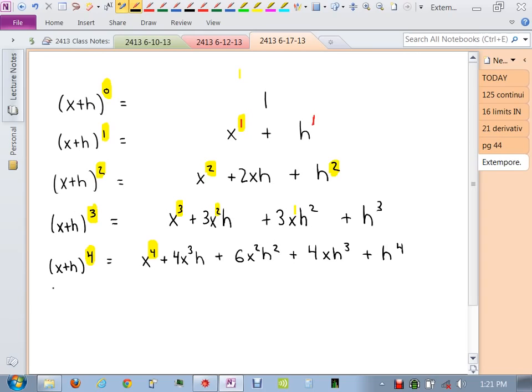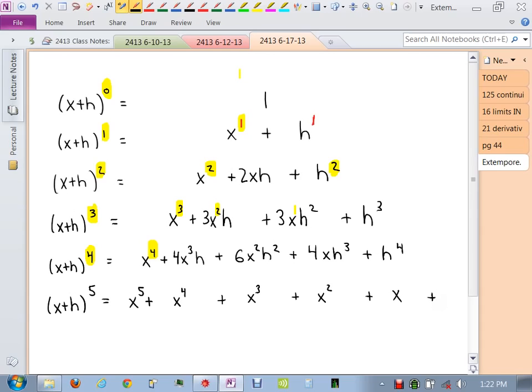Okay, so let me try the next expansion. See if you can help me out with this. X plus h to the 5th. What should I start with? X to the 5th plus, now don't worry about the number in front. What should the power on x be here? 4th. And the next one over here? 3rd. And then the next one, squared, then x, and then the x will be gone, right?